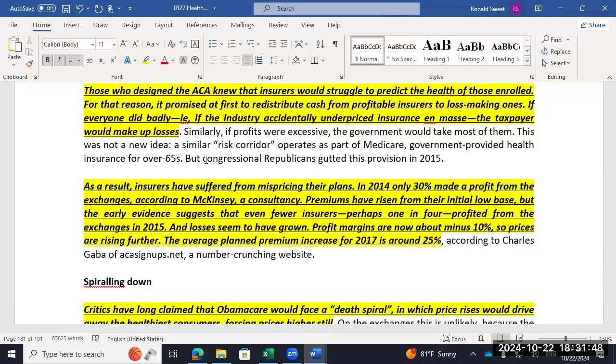Remember, for insurance to work, you have to have data on the risk of the population. Insurers weren't really sure who was going to sign up through this Affordable Care Act. Are these going to be above average healthy people, below average healthy people? And so they had to learn that. So they undercharged to begin with, and now the system has matured and they're actually getting it about right.